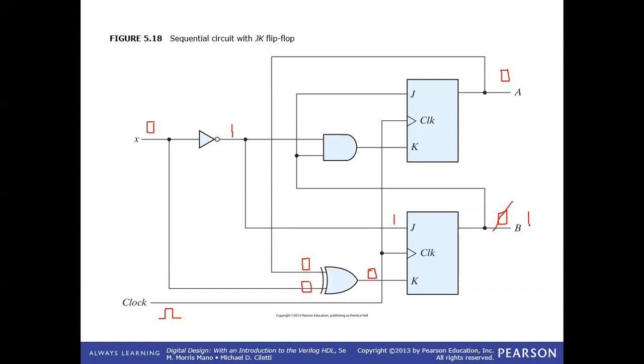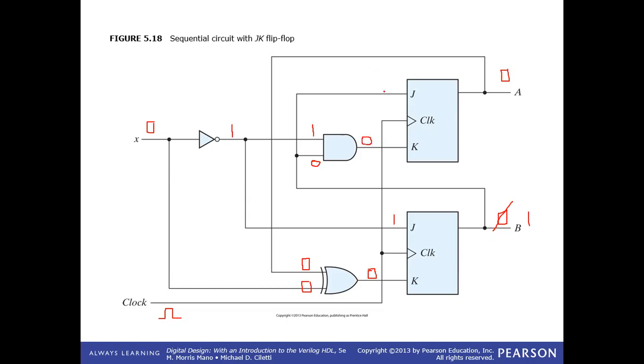For the upper JK flip-flop, we are still going to use the 0 state of B to judge its next state. So let's move with the assessment of the upper JK flip-flop outputs. So this AND gate is going to give us 1 at its first input. What is the input at this? 0. Very good. So the output of this AND gate is going to be 0.